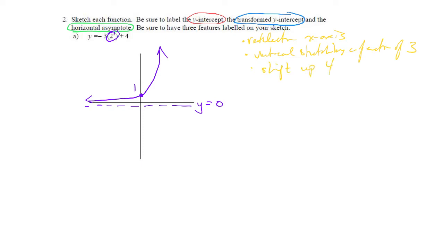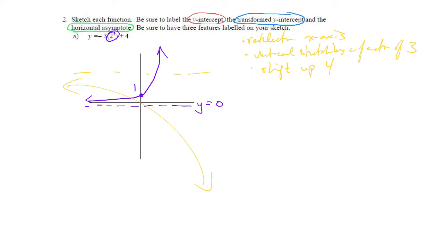So all I want you to do is picture that purple curve reflected in the x-axis, vertically stretched by a factor of 3, shifted up 4. I hope that we could maybe picture a graph that was something like that, let's say. Really sloppy, but we've got that in our mind.